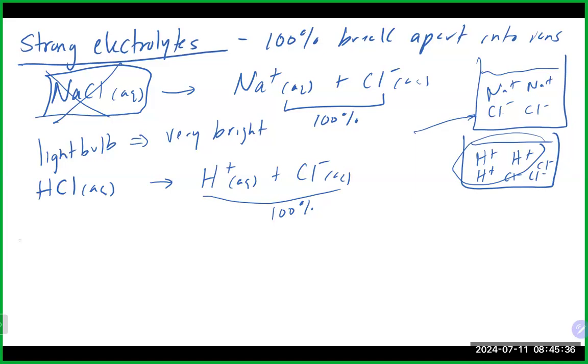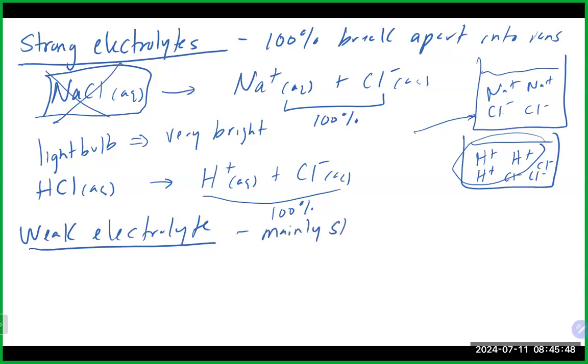Now, if we take something that is a weak electrolyte, it will still break apart, but it will mainly stay together. It will break apart into a few ions in solution.